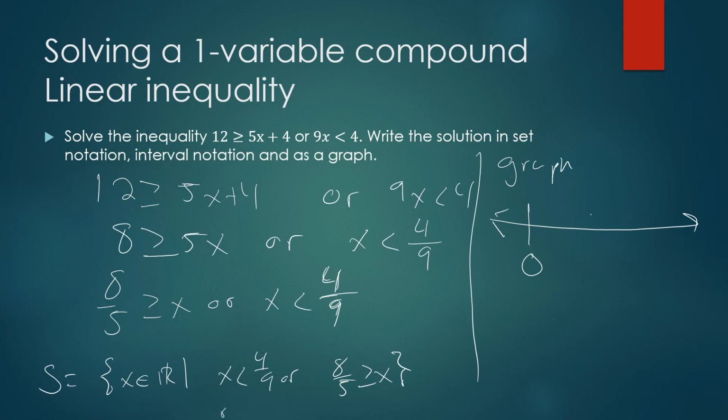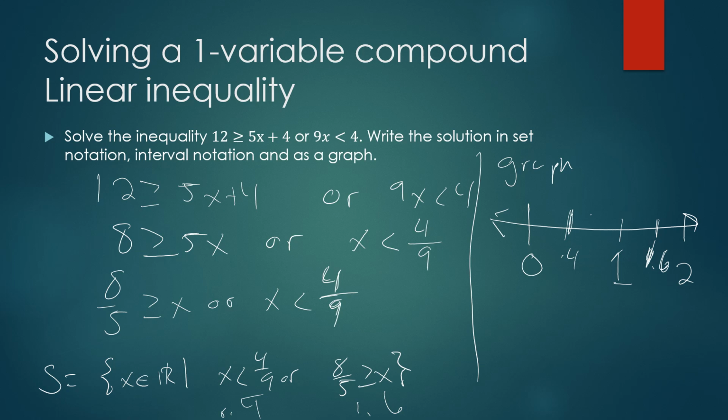And 8/5 is, let's see, 5 goes into 8 once, there's 3 left, so this is 1.6. So I'm going to estimate 0.4 here, which means 1 is here. And then if 2 is here, I'm going to estimate 1.6 here.